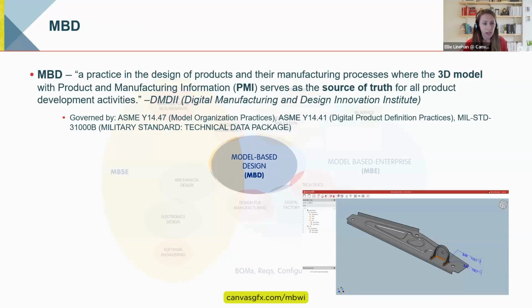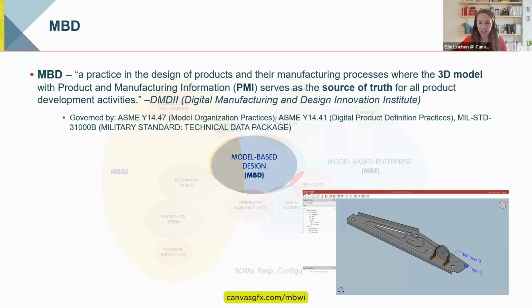So for those who haven't heard MBD, I'll tell you the definition and then I'll tell you what I hear on the street. So MBD really dictates that the 3D model is the source of truth, and that 3D model is defined with PMI data, which is product manufacturing information.